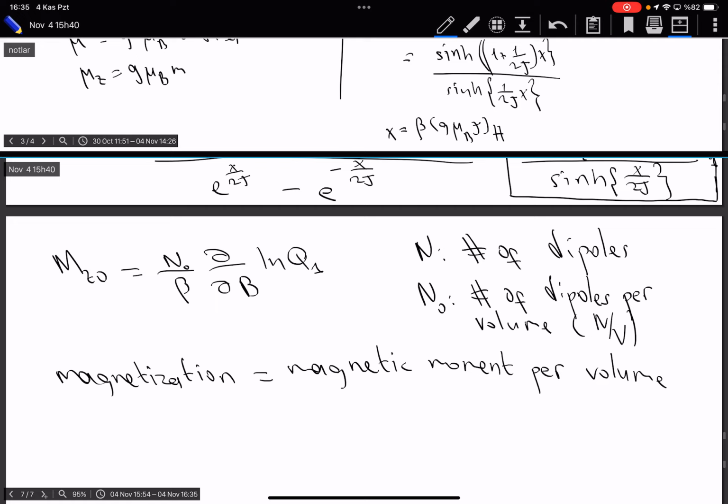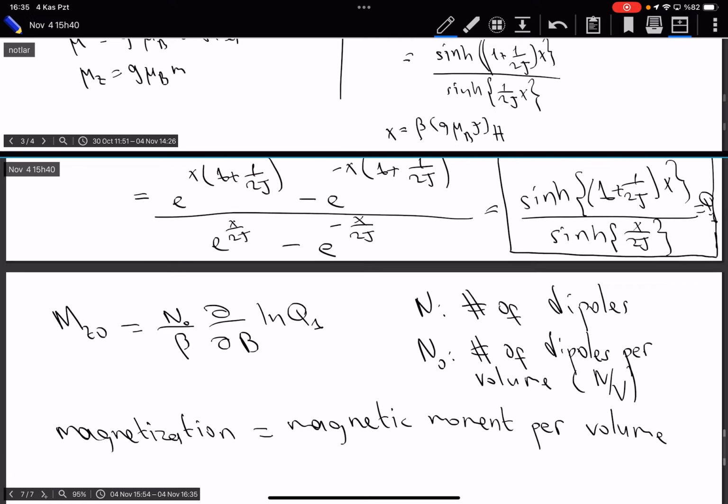This is what we call the magnetization. Magnetic moment density, if you like. Magnetization is defined as the magnetic moment density. So I don't use the number of particles, number of dipoles, but the dipole density in defining the magnetization. Other questions?